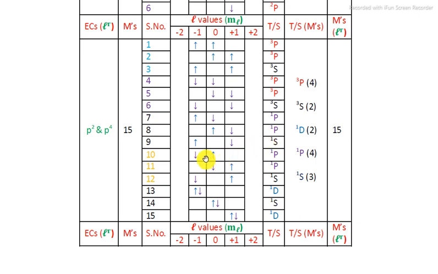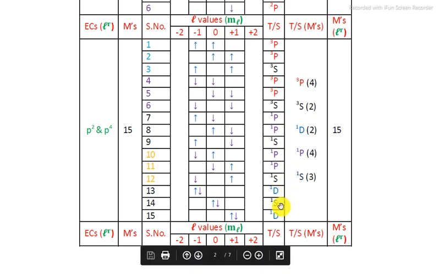In these 2 cases also, capital L is 1, P term. 1P terms are 4. 1S terms are here 2. One more term is there here, 1S term 3.